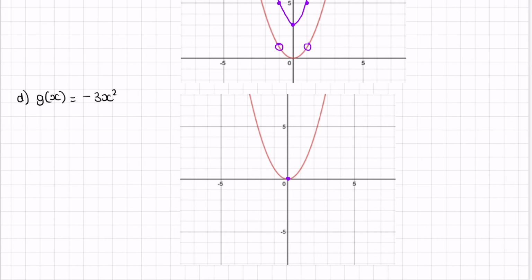Now let's have a look at our 1, 1 point. If we reflect it, it's going to go to negative 1. Then if we multiply it by 3, it's going to go to negative 3. So it'll be there. Our negative 1, 1 point, this one here, if we reflect it, it's going to end up here. Multiply it by 3, it's going to end up at negative 3.